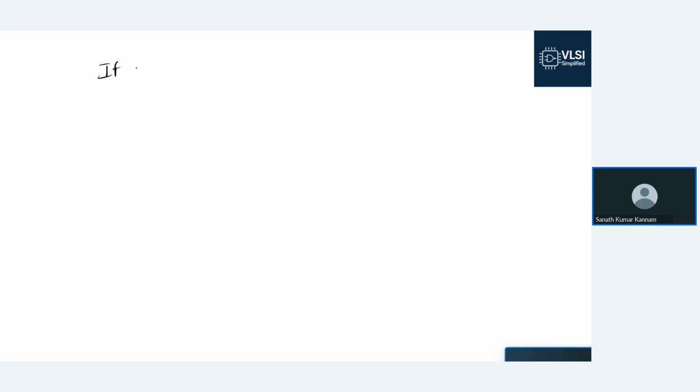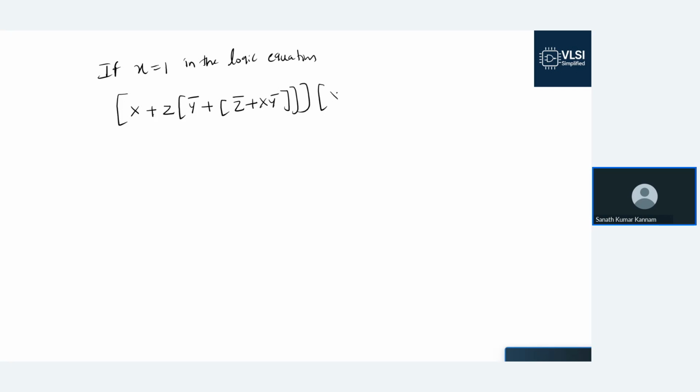If x equal to, let us take x equal to 1 in the logic equation, x plus z into y bar or z bar or x y bar and x bar or z bar x or y equal to 1. Then what is the value of z?